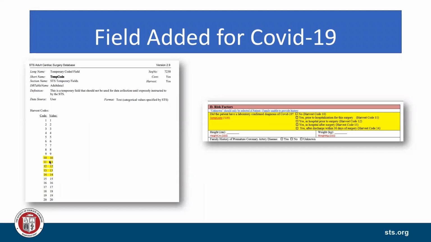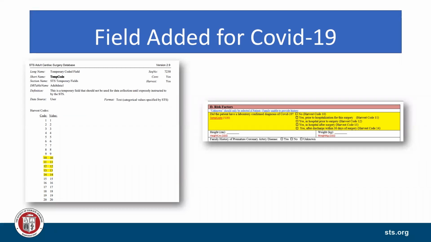But thankfully we have these extra codes here. So we skipped down to using code 10, 11, 12, 13, and 14. The question is, did the patient have a laboratory confirmed diagnosis of COVID-19?